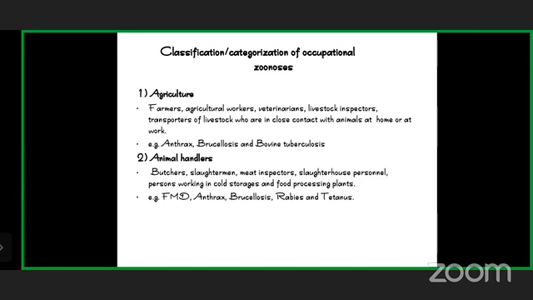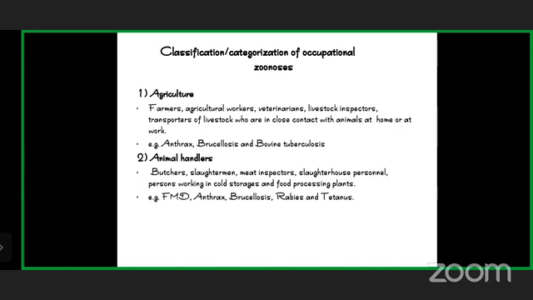The persons who are more closely associated with animals encounter occupational zoonotic diseases like anthrax, brucellosis, tuberculosis. We'll talk about the details of these diseases briefly in the further slides.